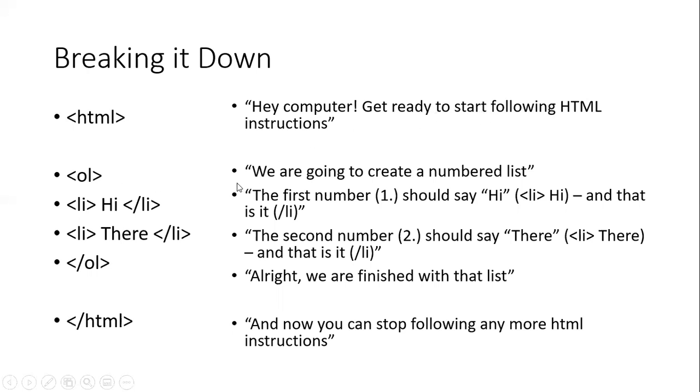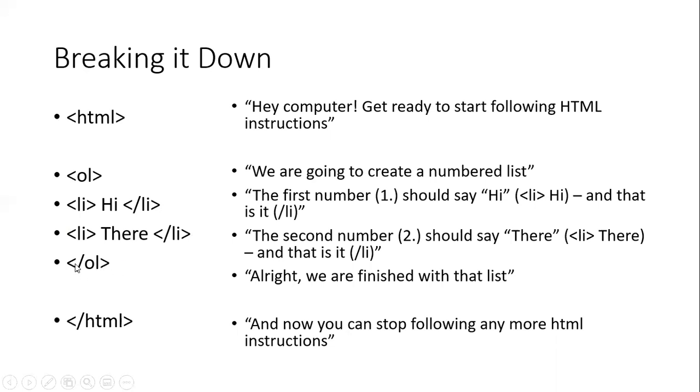The OL: we're going to create a numbered or ordered list. The LI, the first number we're going to put here, list item, should say hi. That is all we want it to say. We're going to end that. Then we go down, we have another LI. The second number we want to say is there. That's all we want to say for number 2. And then actually we're done.